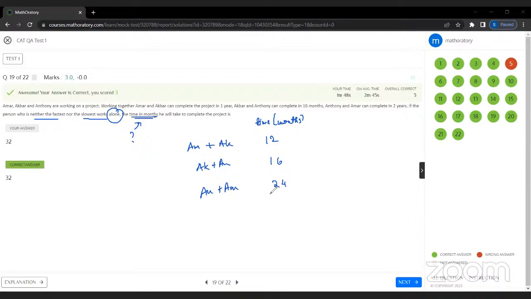Similarly, Anthony and Amar together are the slowest pair. So then Akbar should be the fastest person. So Akbar is the fastest person and Anthony is the slowest person. So our requirement is with Amar, right? So we are looking for Amar. So Amar alone, how much time will he take to complete the work?